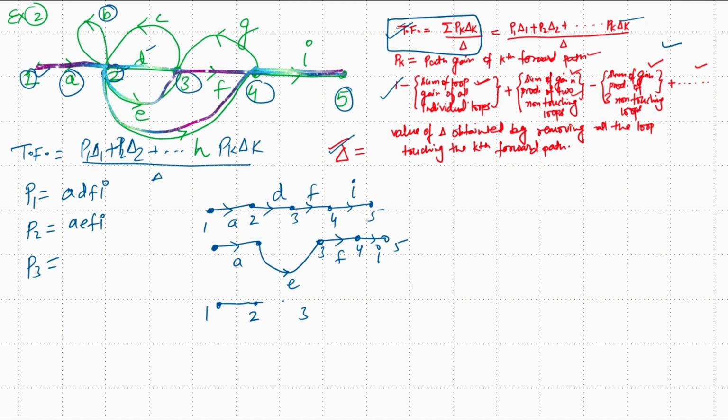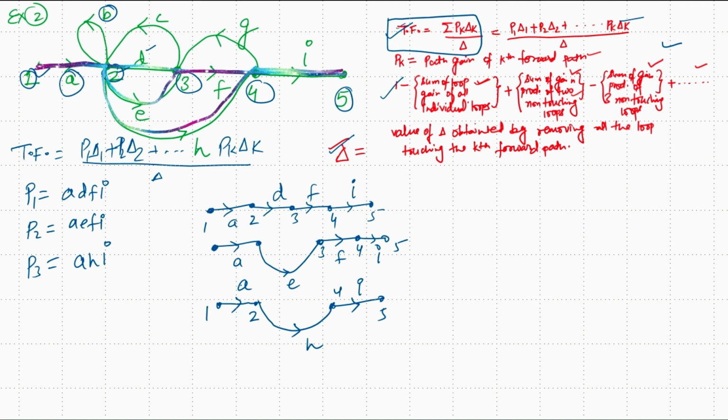We have already made this forward path, so we go from node 2 to node 4 directly, then node 4 to node 5. So this gain is H, and 4 to 5 is gain I. Node 1 to node 2 has gain A. So the overall path gain for this forward path is A, H, I. So we have only 3 forward paths in this problem.